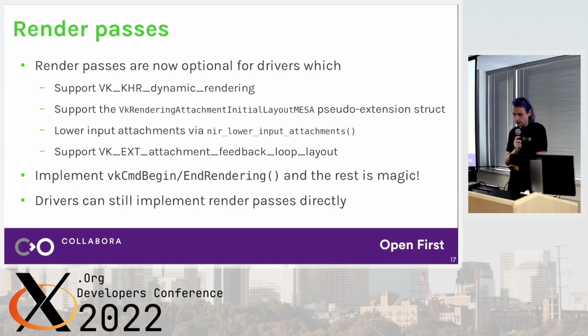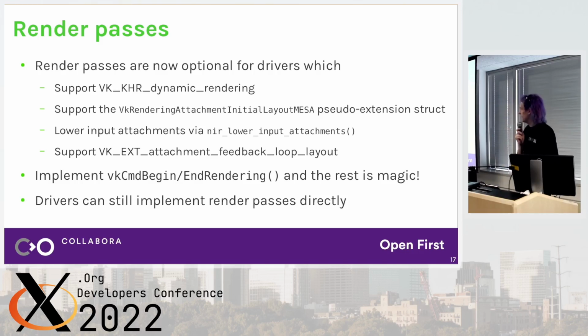You have to support a pseudo extension that allows us to do layout transition merging with fast clears, which is pretty important for performance on AMD and Intel potentially. In certain cases, it kind of depends on what's going on, but that is one sort of extension on top. You have to lower your input attachments, and then you have to provide the feedback loop layout extension, roughly.